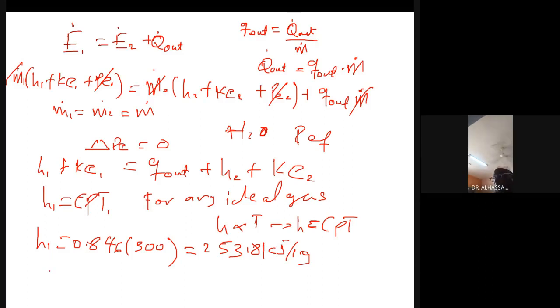So now the kinetic energy, KE1 equals to the velocity squared divided by 2000.